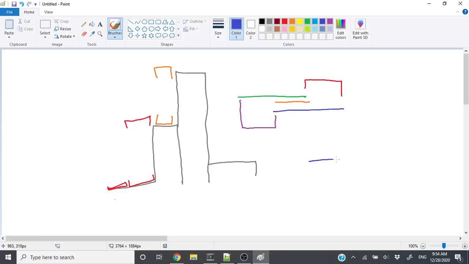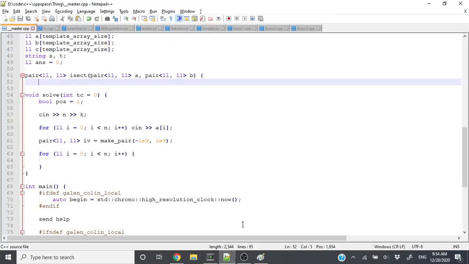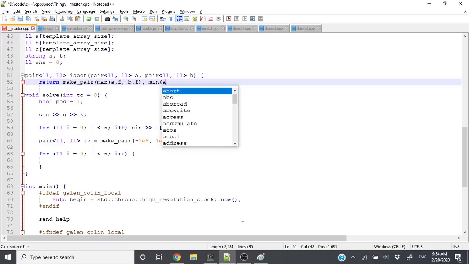If the intervals don't intersect, then the maximum and the minimum will form a non-existent interval, which is what we want. So it's just taking the maximum of the starting coordinates, max a.first, and the minimum of the ending coordinates.